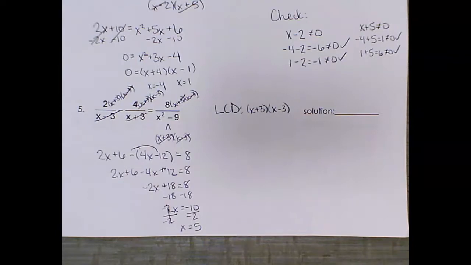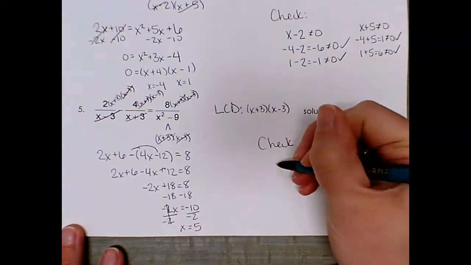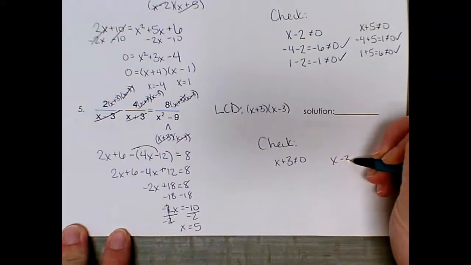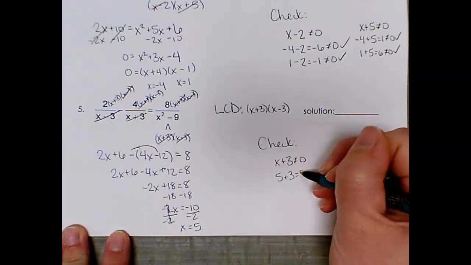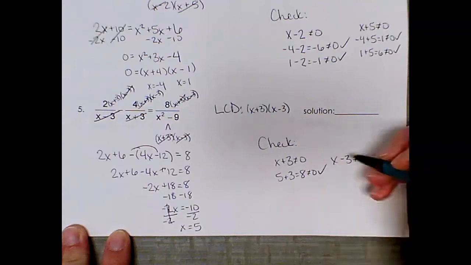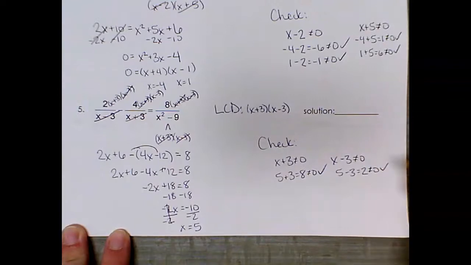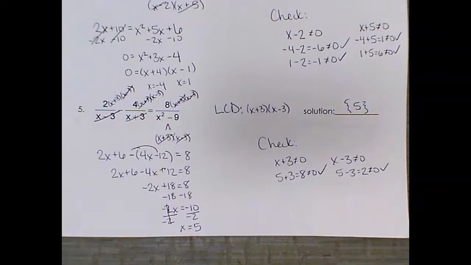So we get a value of 5 that we now need to check. I need to check it with x plus 3. I don't want it to be 0, and I need to check it with x minus 3. I don't want it to be 0. Well, 5 plus 3 is 8. That's not 0. And 5 minus 3 is 2. That's not 0. So my solution set just consists of 5.